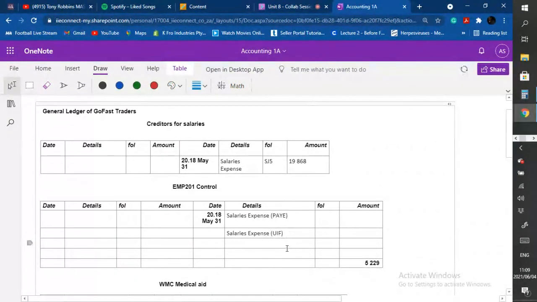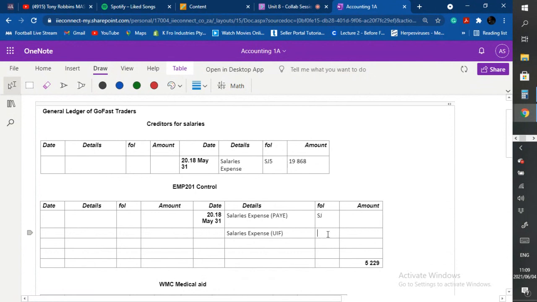Okay, and again, can you see something interesting? This salaries expense, this is the deduction. This is coming off of the person's salary, deduction from the person's salary, the employee, SJ.